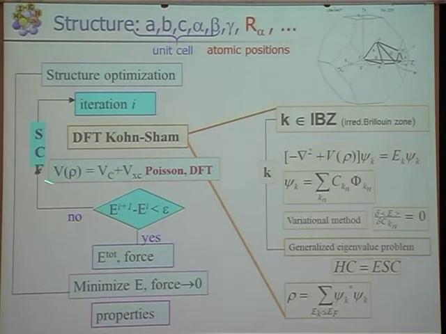And with this new density, you get a new effective potential. It will be different from your starting potential, and you iterate your SCF cycle until you are done. And then you get out basically, let's say, one number, namely the total energy, and eventually the forces acting on all the different atoms. And you can move your atoms according to the forces to different positions and do a structure optimization to have this outer loop here.